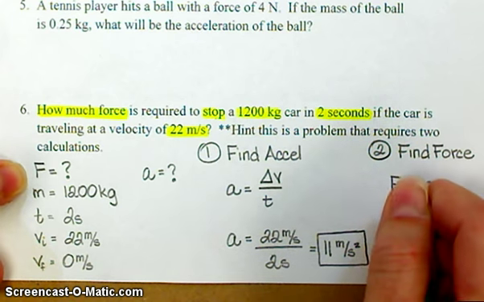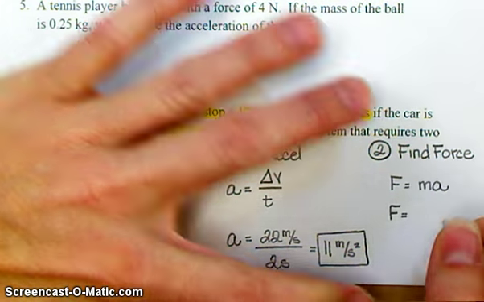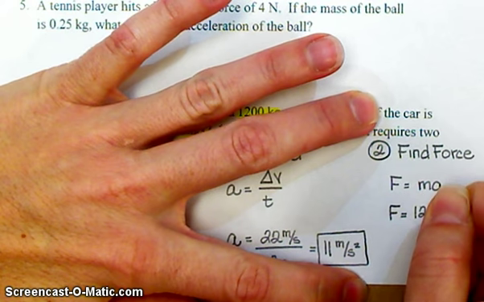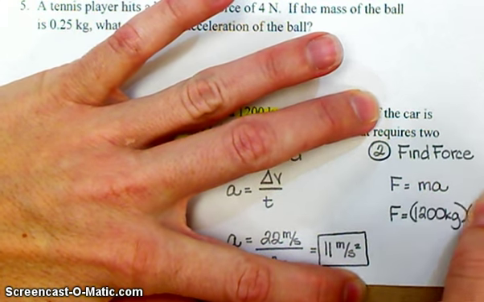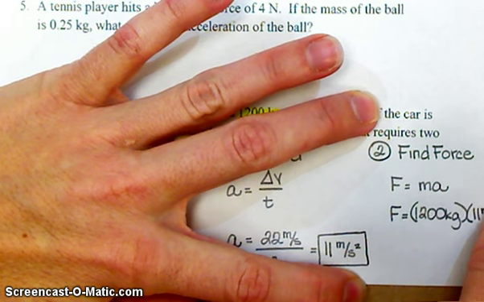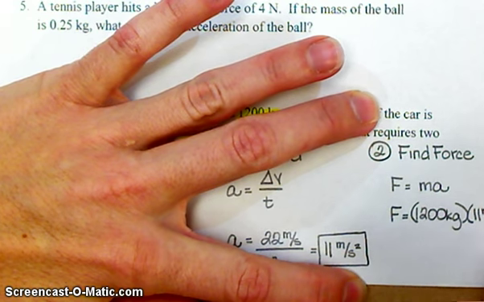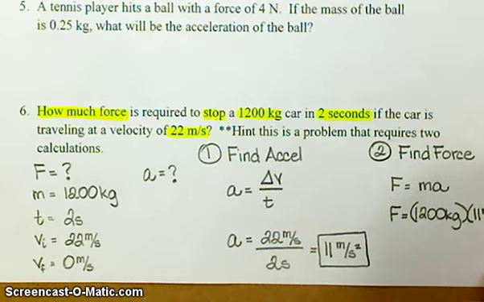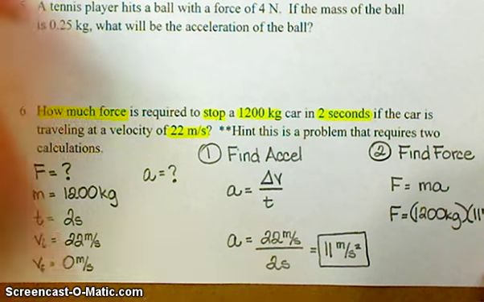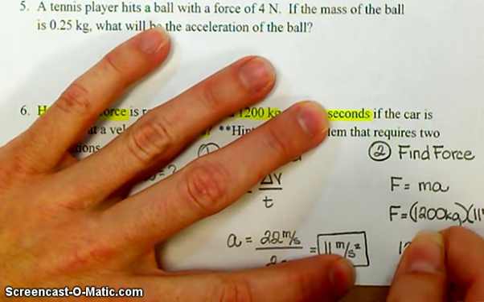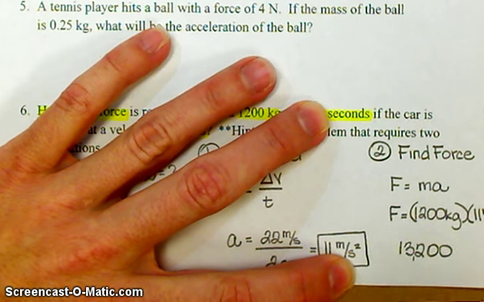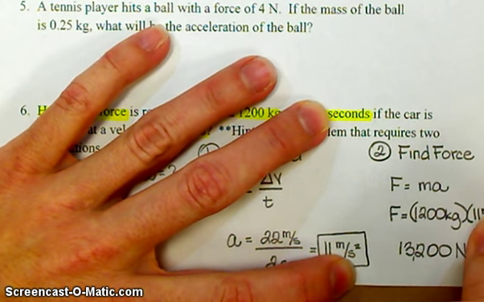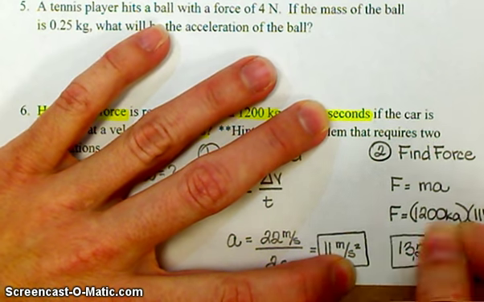So force equals mass, which is 1,200 kilograms, times 11 meters per second squared. And if you guys know your multiplication tables, 12 times 11 is 132, and just stick the 2 zeros back on there. So this is 13,200 newtons.